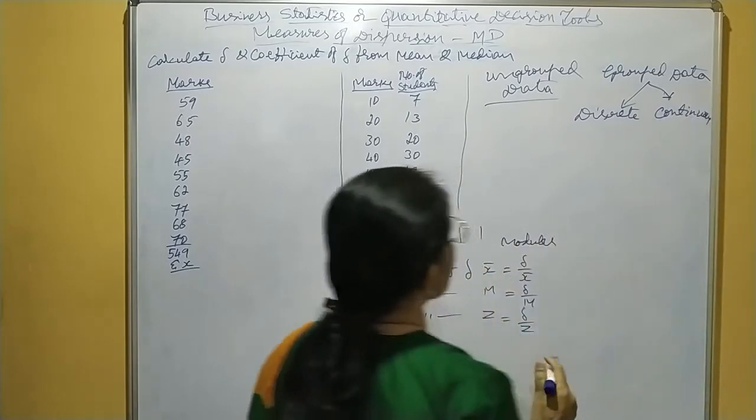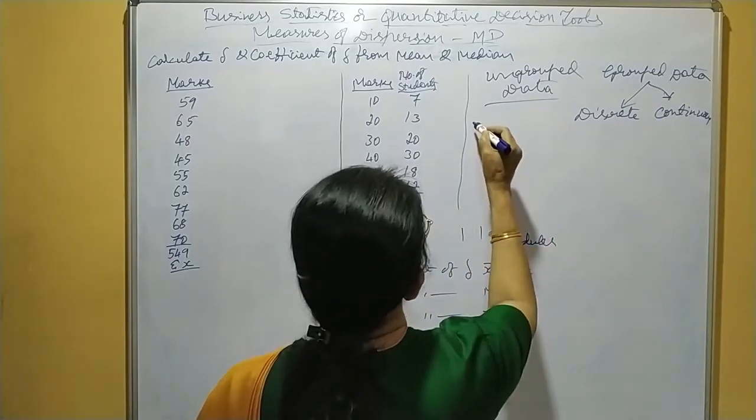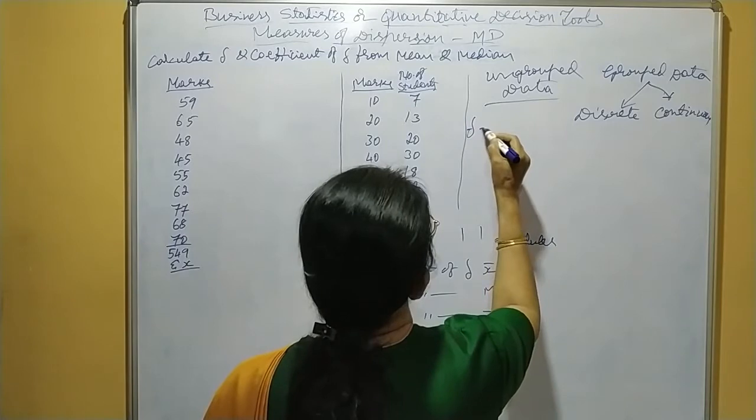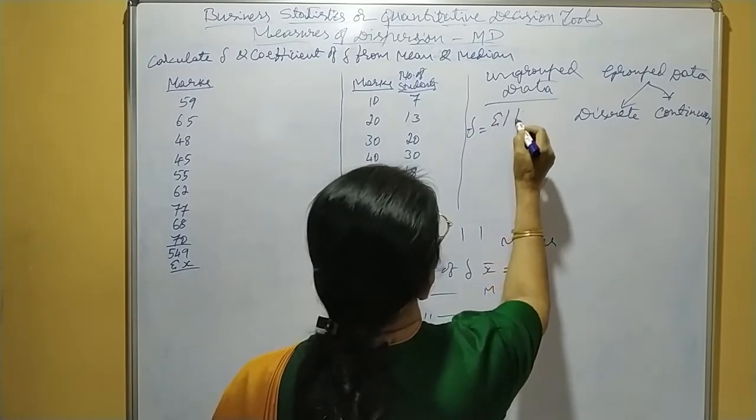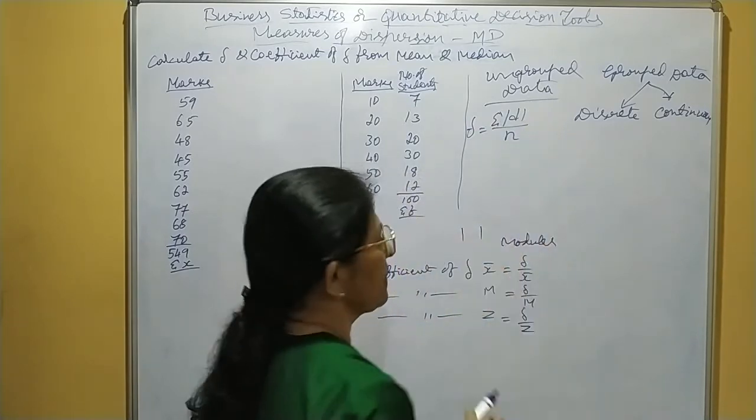Discrete series and continuous series. Under ungrouped data, mean deviation equals sigma modulus d divided by n.